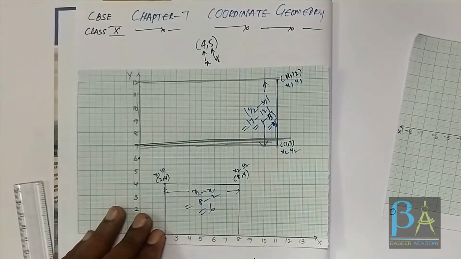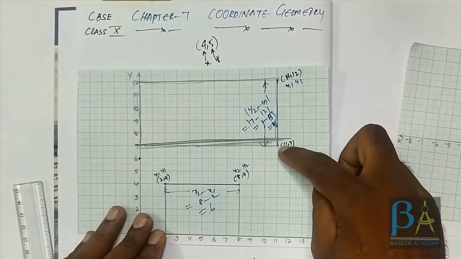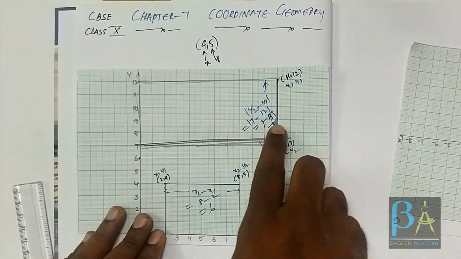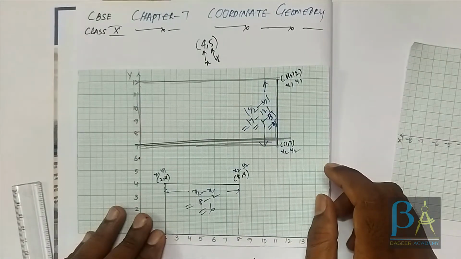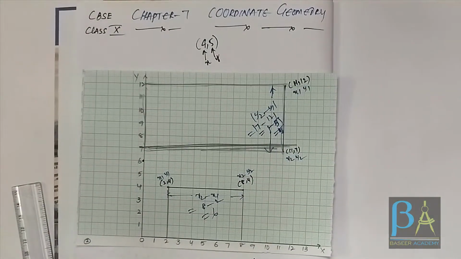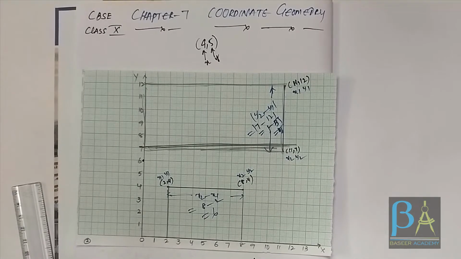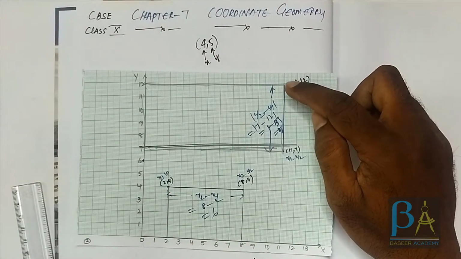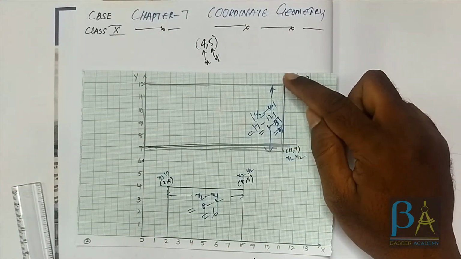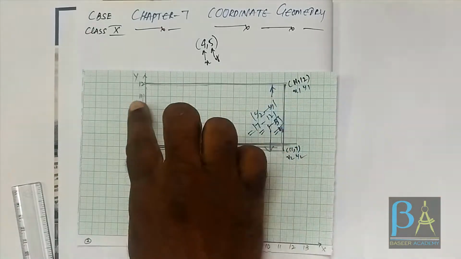If the line segment joining the 2 points is parallel to the y-axis, then also the distance is y2 minus y1. So we learned how to find the distance between 2 points if the line segment joining them is parallel to the x-axis, and also if it is parallel to the y-axis.